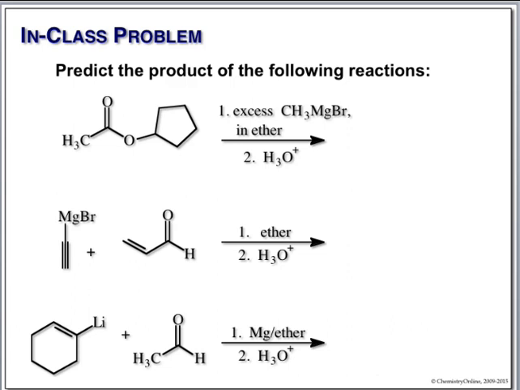We are going to add 2 moles of methyl magnesium bromide, aren't we? We're going to wind up with a tertiary alcohol, and therefore it will have 1, 2, 3 methyl groups, and it's simply tert-butanol.